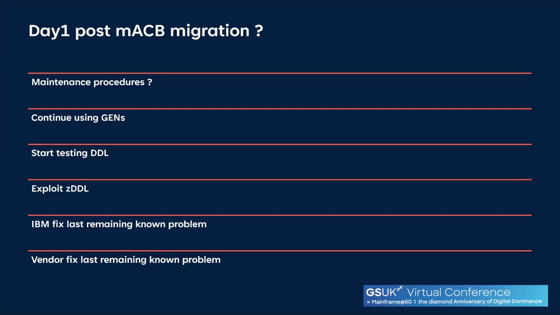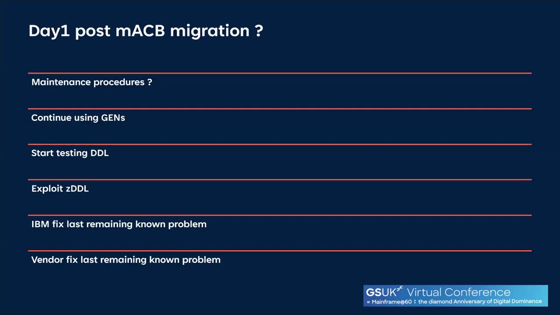So you need to start testing it today. Once you have migrated to the catalog and managed ACBs, that is only half the job done. The other half is still left, right? Because to exploit the advantage of managed ACBs, you need to embrace DDL. So start testing DDL once you have completed your migration. IBM came up with a very good utility called zDDL, which is a good tool to start testing your DDL.